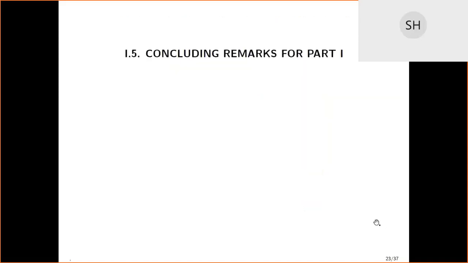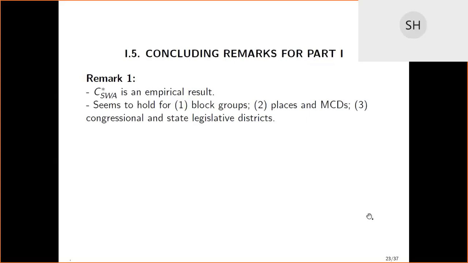Okay, so concluding remarks for part 1. Remark 1, this C sub SWA star is an empirical result, and we take it to be 600. It seems to hold for block groups all across the nation, for places and MCDs across the nation, and for congressional and state legislative districts all across the nation. And this is okay.